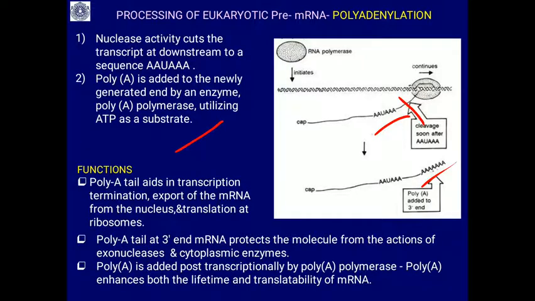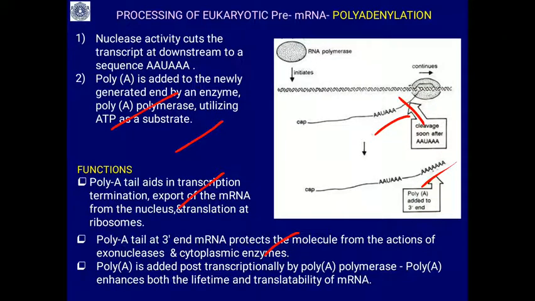So, what are the advantages of polyadenylation? The poly-A tail signals transcription termination: when the poly-A polymerase binds to the transcription bubble, it is the sign of termination. The poly-A tail at the 3' end protects the mRNA from the action of exonucleases and cytoplasmic enzymes. The 5' cap protects one end, and the poly-A tail protects against 3' exonuclease activity.